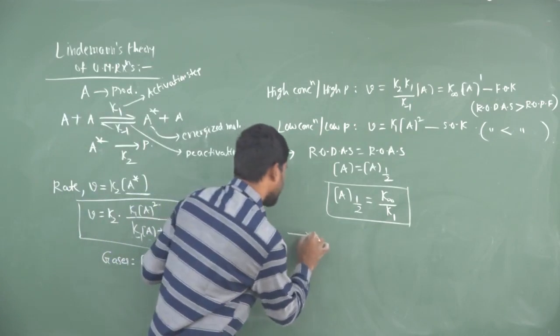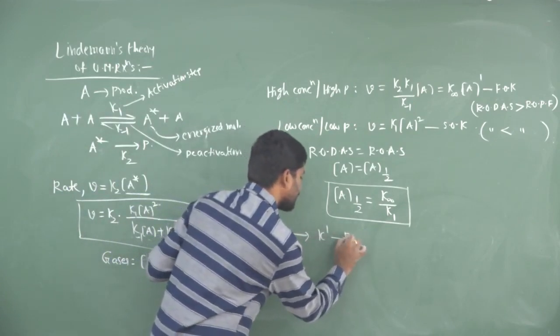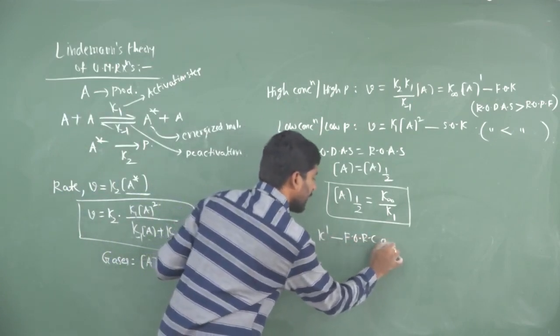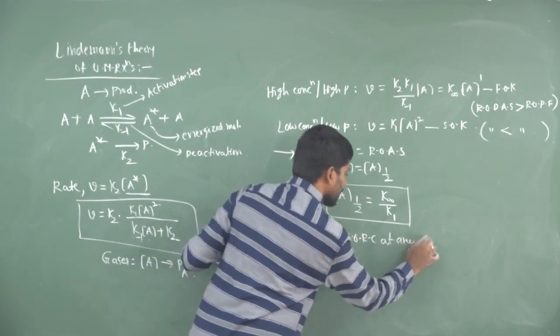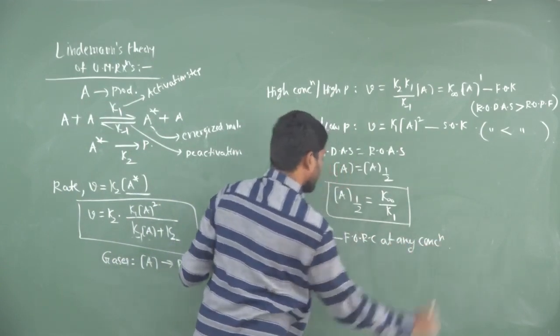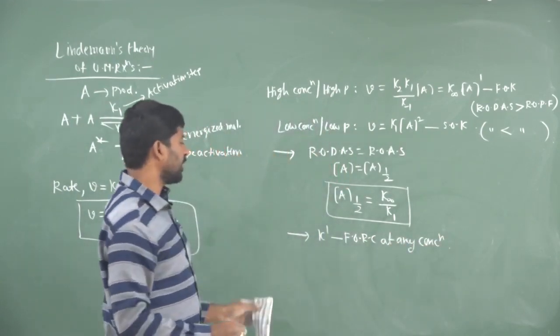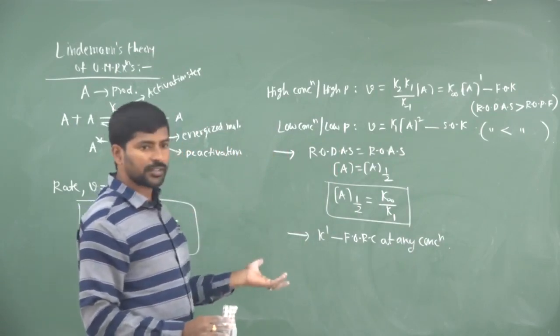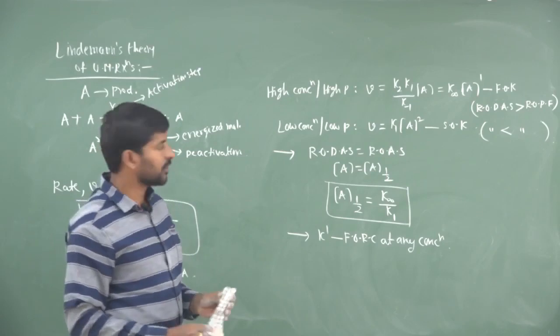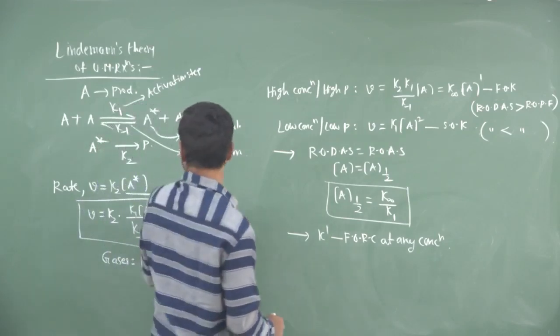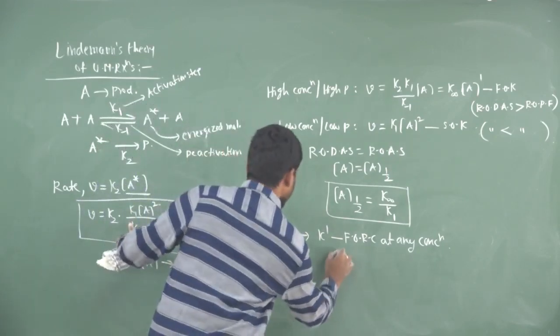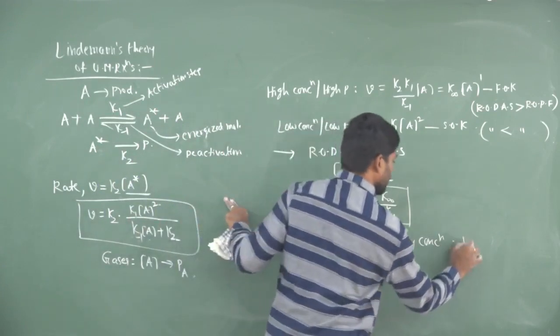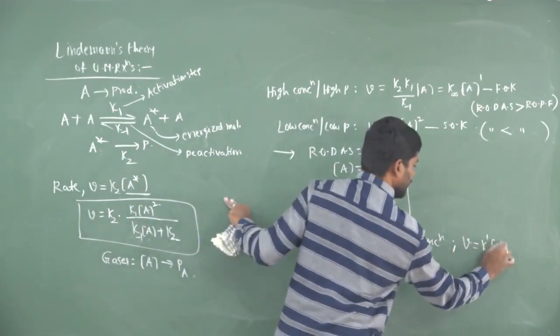And one more we discussed: if K dash is the first order rate constant under any conditions and at any concentration, either low or high, then what do we get?